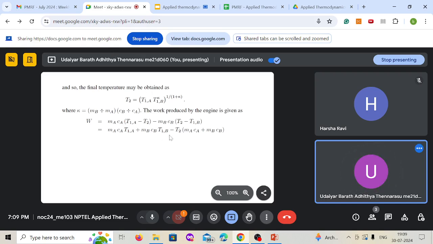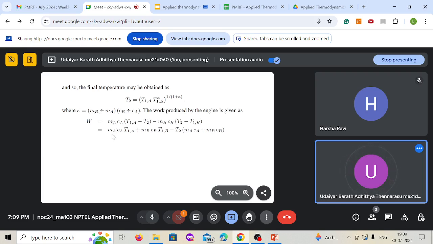Using this, the work done is the total change in internal energy of system A minus the total change in internal energy of B. That will give you the net work which is possible. This is the total Q1 which is transferred to the engine, and this is the total Q2 which is transferred to reservoir B. That difference will give you the net work generated.